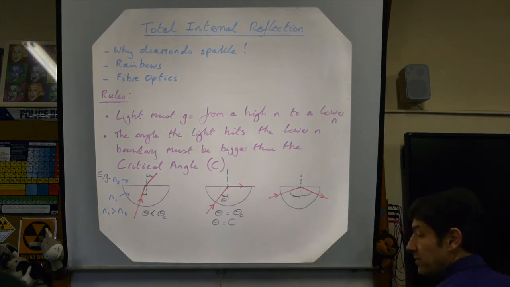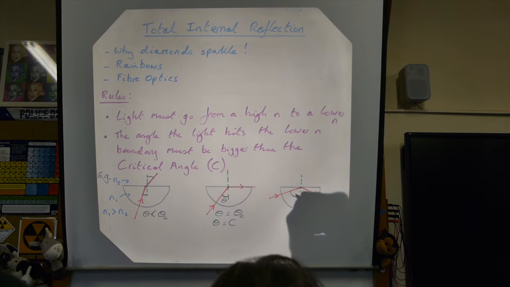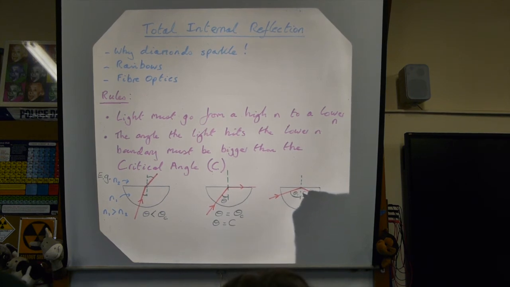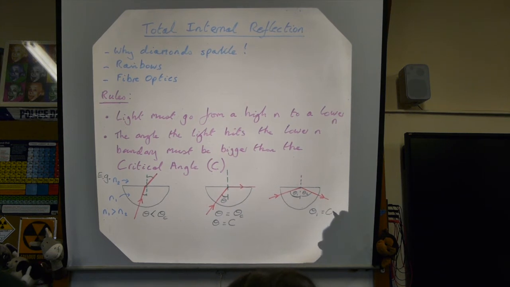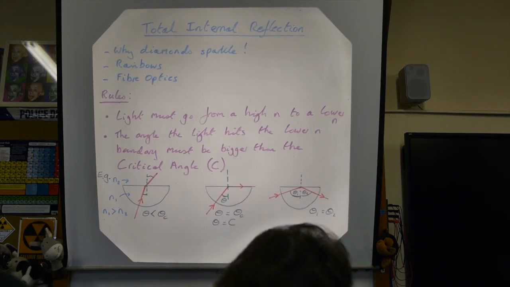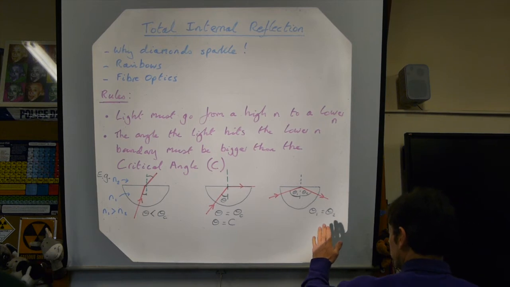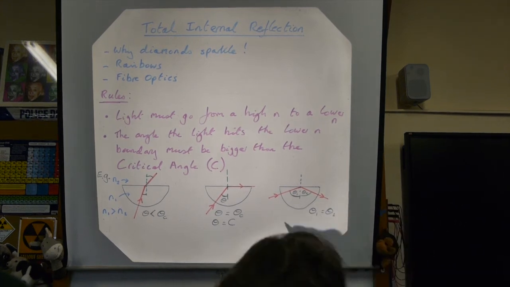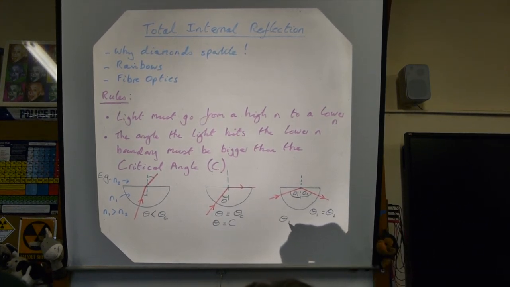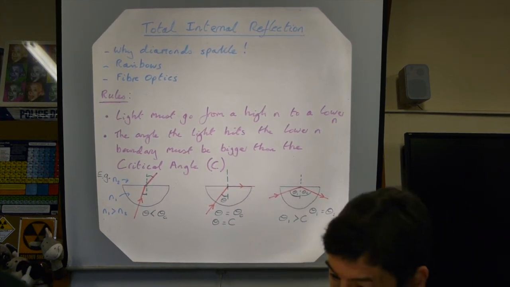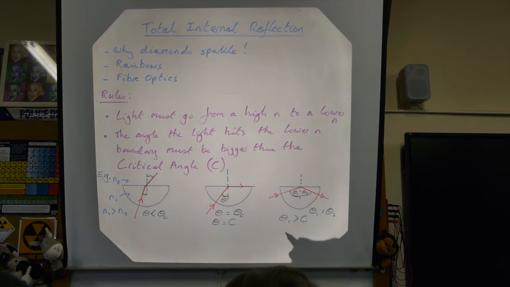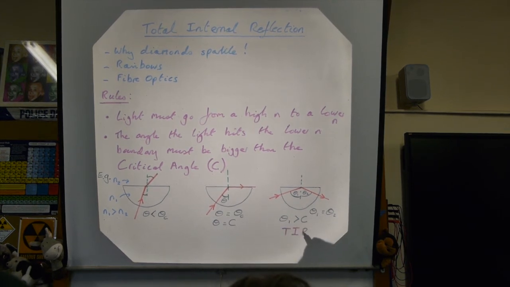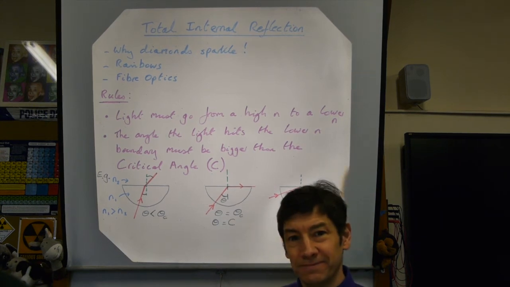They're both the same, and I'll just put theta 1, theta 2. If theta 1 equals theta 2, then we are in that special case. Theta 1 is greater than the critical angle, and I'll be a little bit lazy. What's this process called? Total internal reflection.